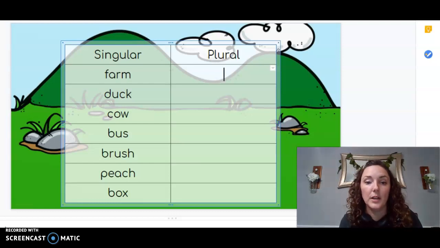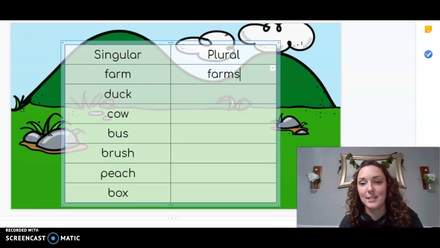Those tricky ones were words that ended with CH, SH, X, or S. So we'll be looking for those, okay? Farm, well, it ends with an M, so I think we can just add an S. Let's spell farms. F-A-R-M, and add the S at the end to make it more than one farm.